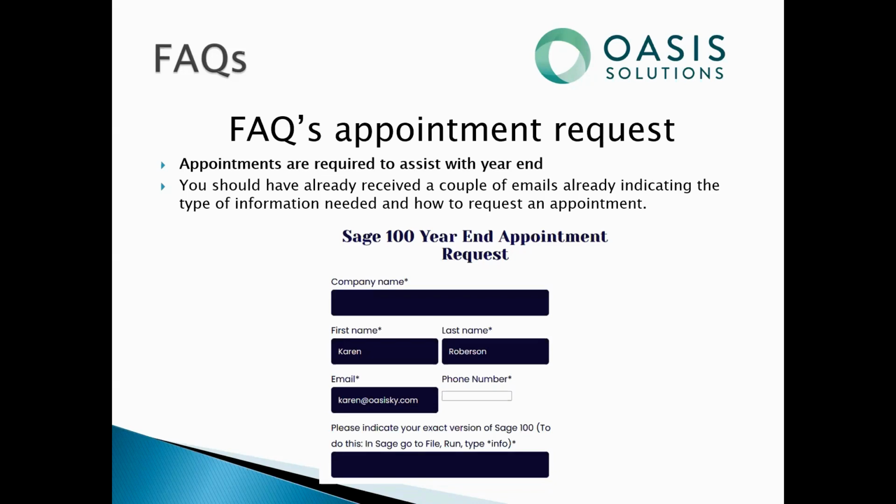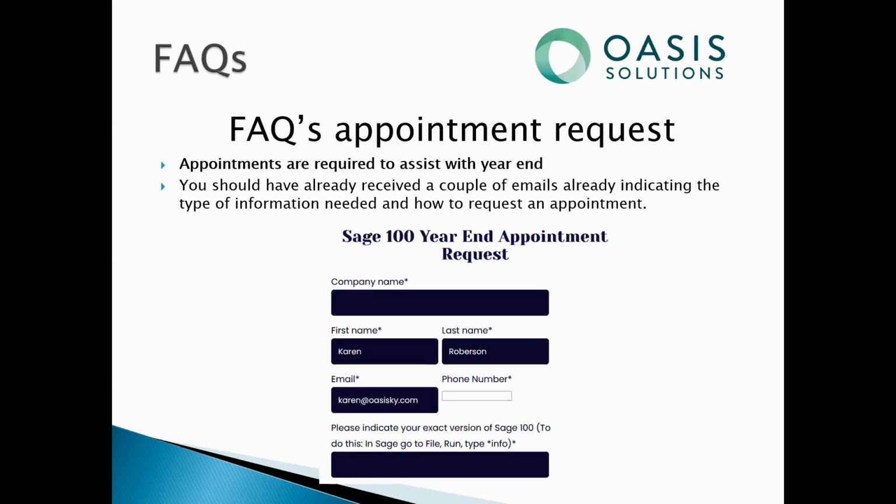And you don't have to worry about getting the 1099s done before you start processing 2024. Sage 100 takes care of that. You're fine. It keeps track of what year those will go into when you do your payments.